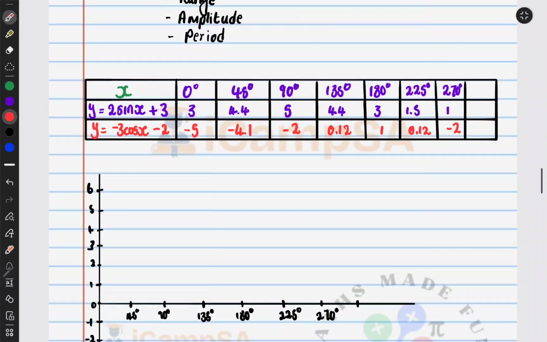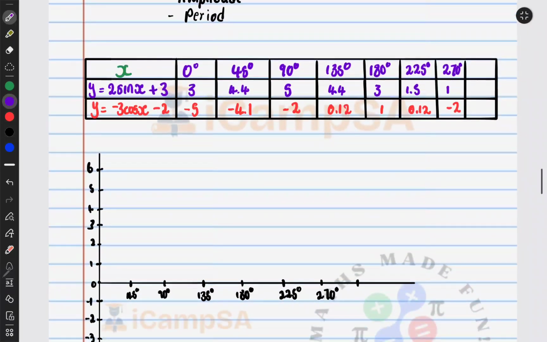Okay, let's start by plotting the points for the y is equal to 2 sine x plus 3 function. Where x is 0, y is 3. And then where x is 45, y is 4.4, so almost 4.5.